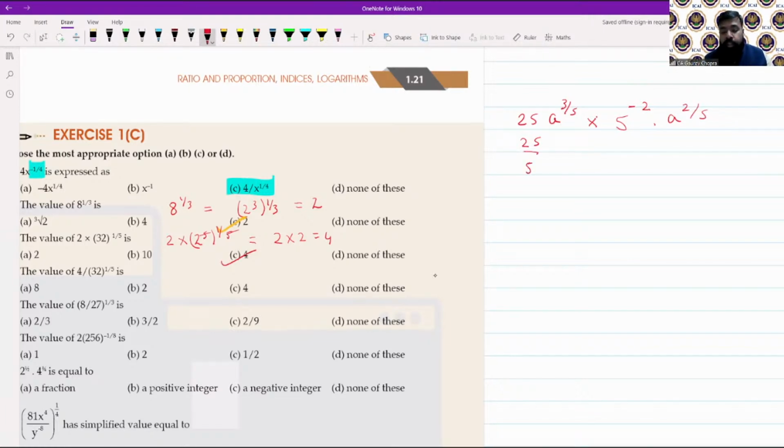It will go in denominator and become 5 square. Then a is having power 3 by 5 and another power is 2 by 5. We can add them. So 25 and 5 square both are same, will get cancelled. So what is left? a to the power of 5 upon 5, that is a to the power of 1. All right, Sarfaraz.